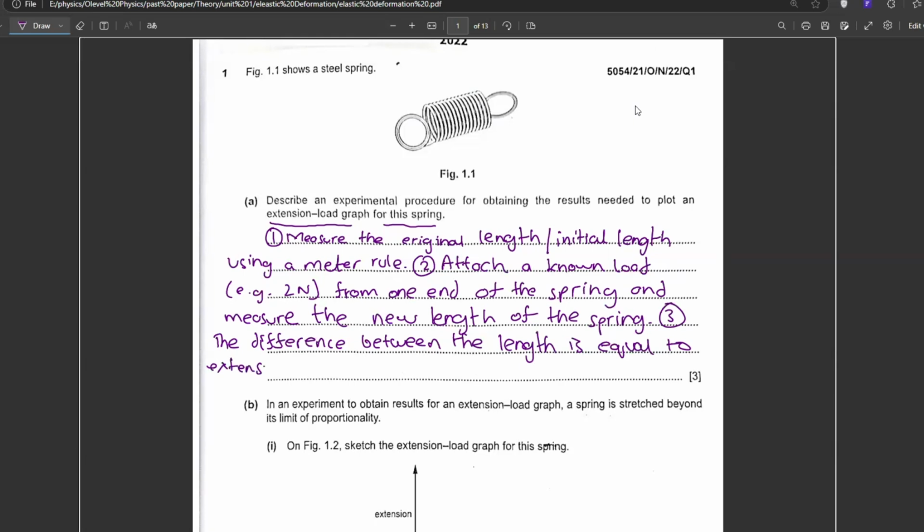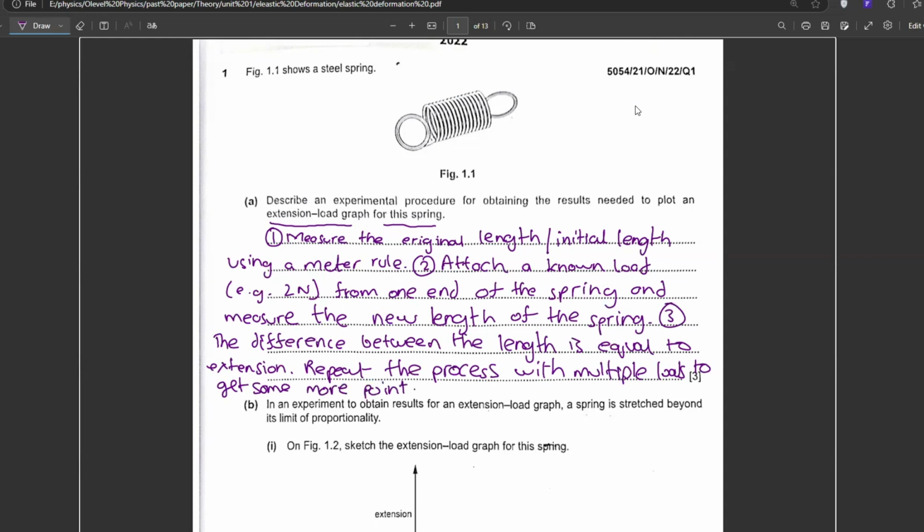What will be your last step? Repeat the process with multiple loads to get some more points.